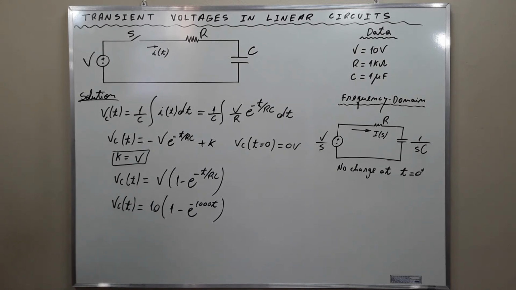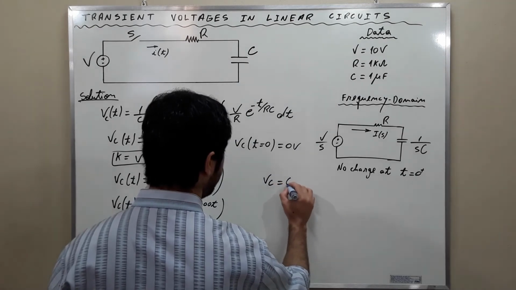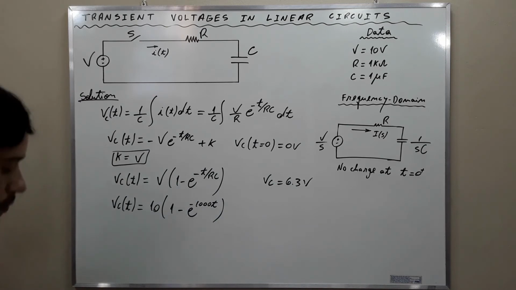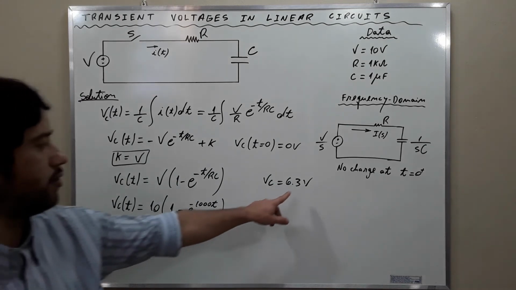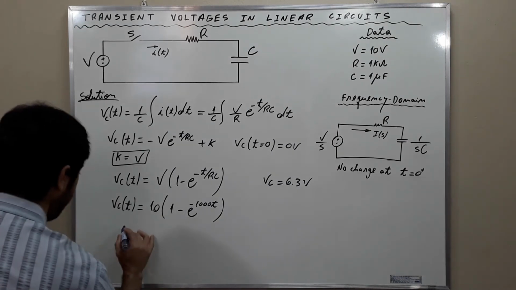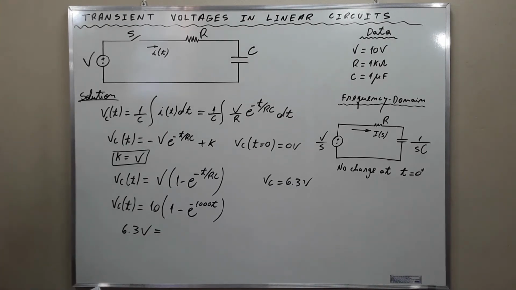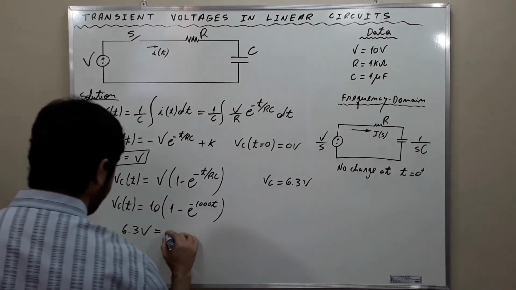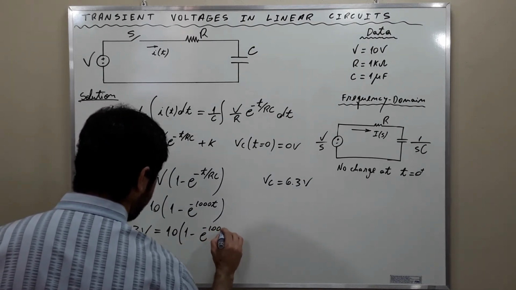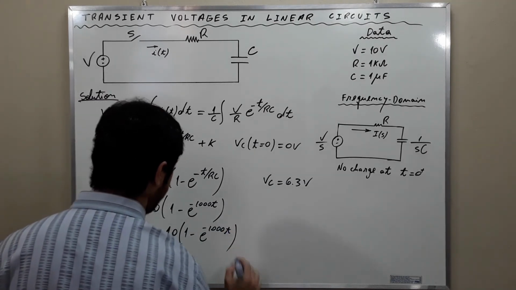And we wish Vc equal to 6.3 volts. This is what we wish. Then we substitute this here. 6.3 is equal to 10 times (1 minus e raised to minus 1000 t). Okay?